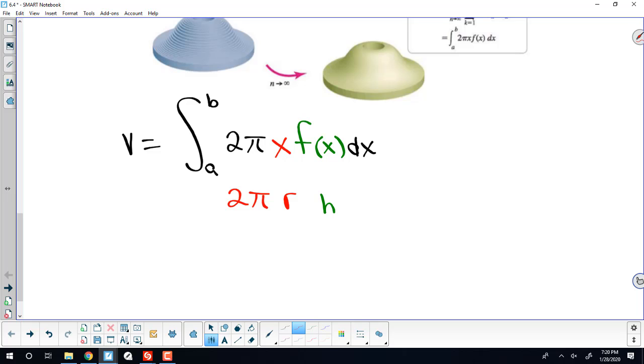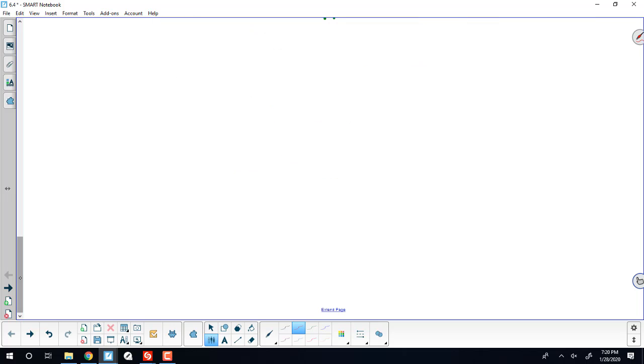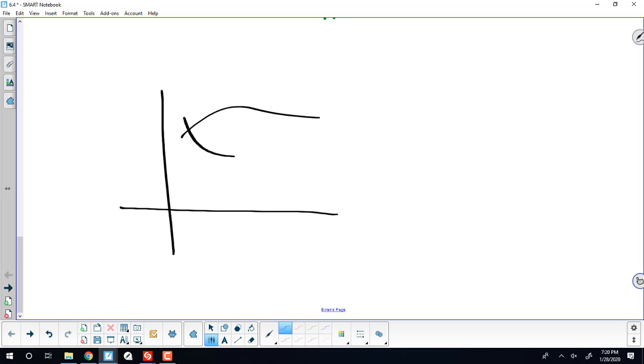Which method you use generally depends on whether you want to integrate with respect to x or with respect to y. Which one's easier? So we've got two different methods. That makes sense? So I could take a region like this and say, to me that looks easier to make slices like this and integrate with respect to x.